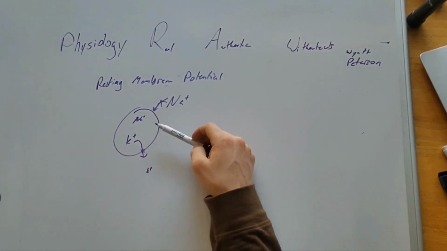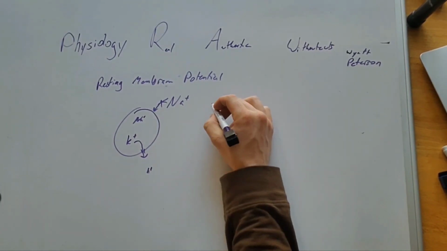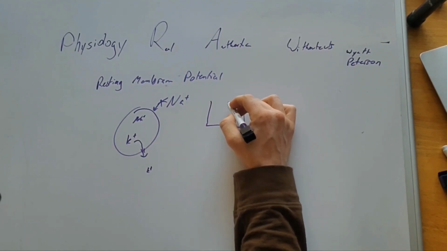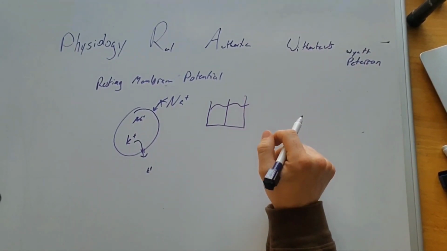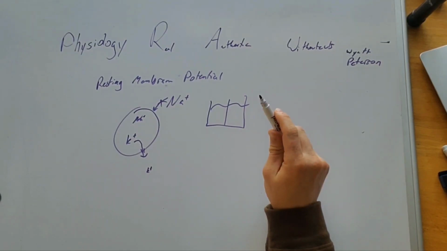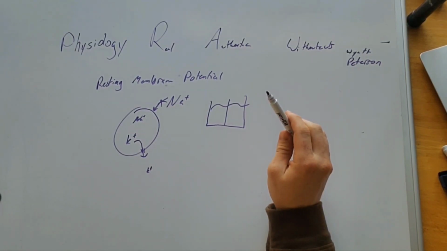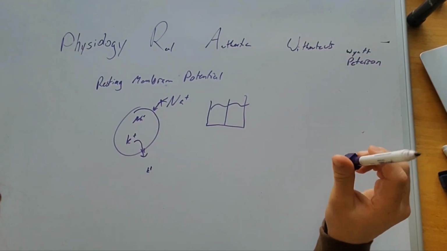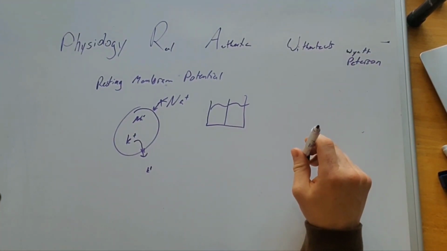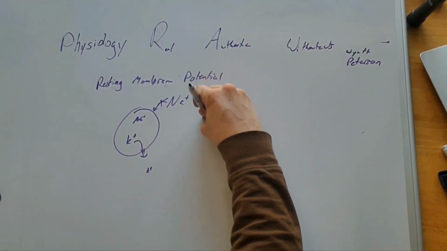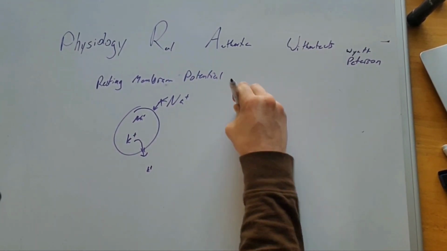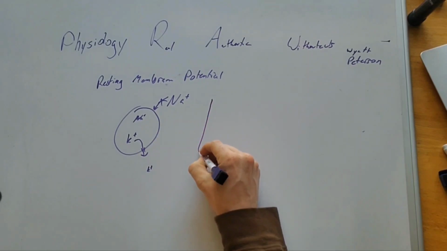So since RMP has to do with what properties, characteristics of the cell membrane account for the resting membrane potential development? Okay, I'm going to make this a little bigger.